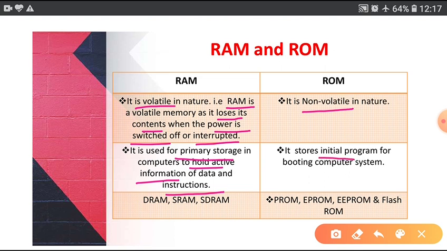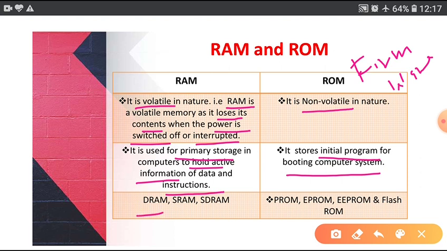ROM stores the initial program for booting the computer system. The program stored in ROM is called firmware.